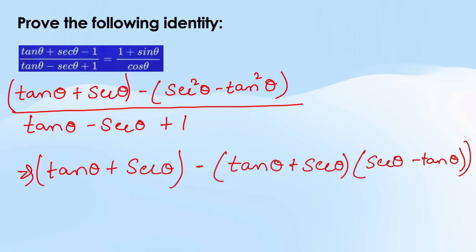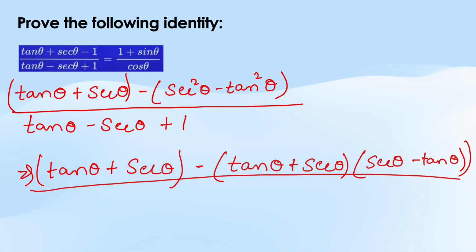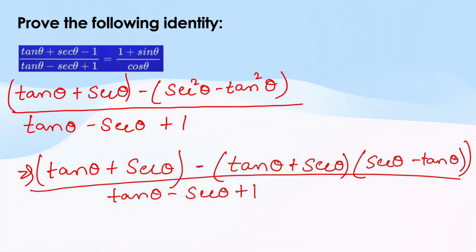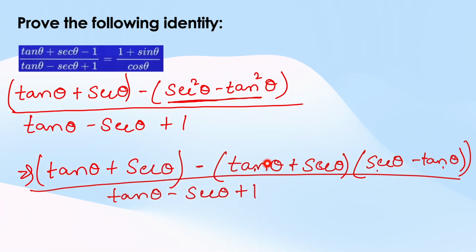Clear? By tan theta minus sec theta plus 1. Okay, I just wrote it as sec theta plus tan theta and sec theta minus tan theta. A square minus b square, a plus b, sec theta plus tan theta and sec theta minus tan theta. Clear?